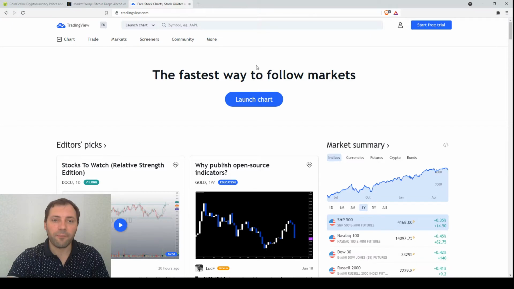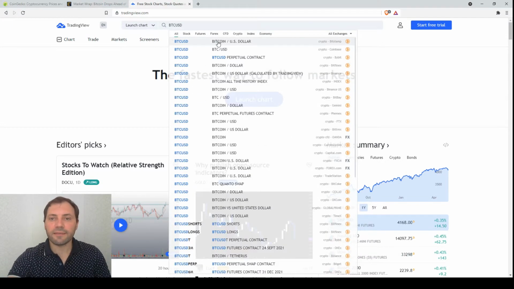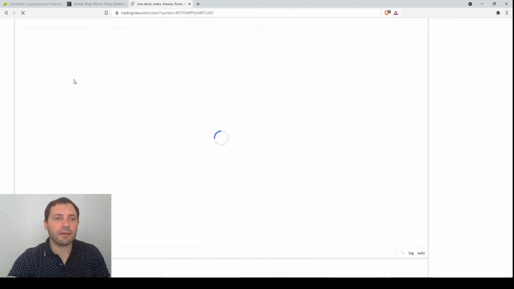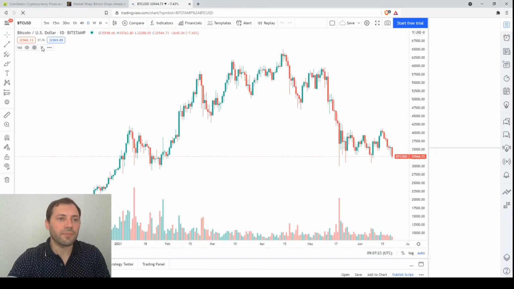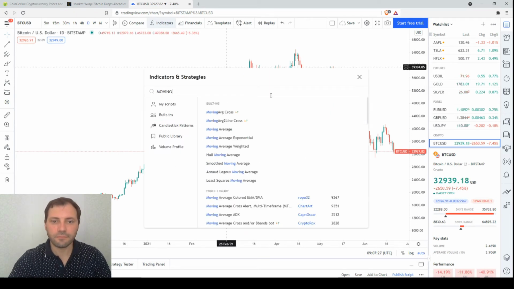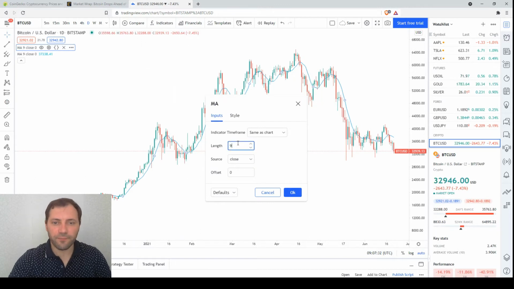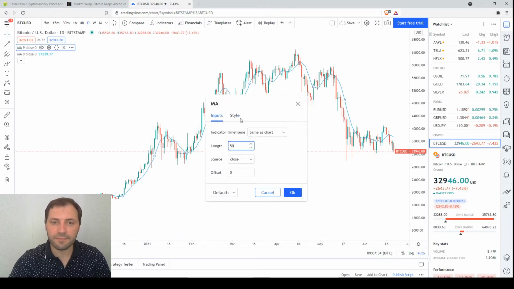And now let's take the price chart of Bitcoin. And I would like to mention that, yes, let me first add these two moving averages. So this is the 50-day moving average in our case.